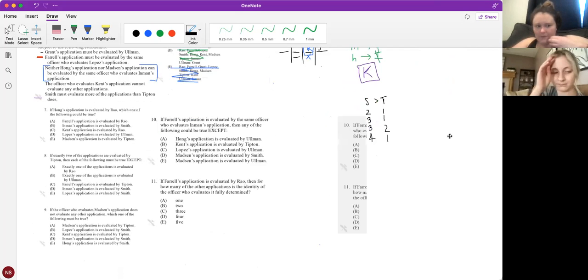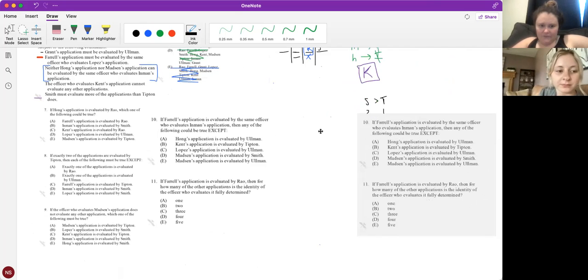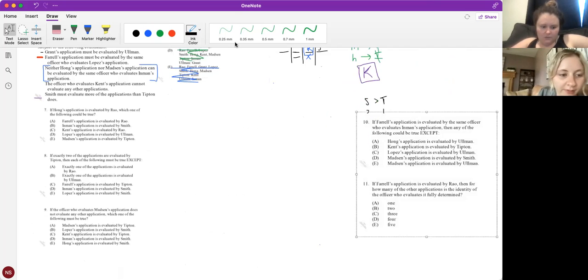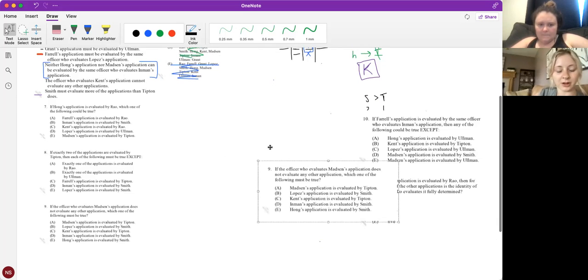So how would you go about solving number 7? If Hong's application is evaluated by R, which one of the following could be true? What's your first step there?